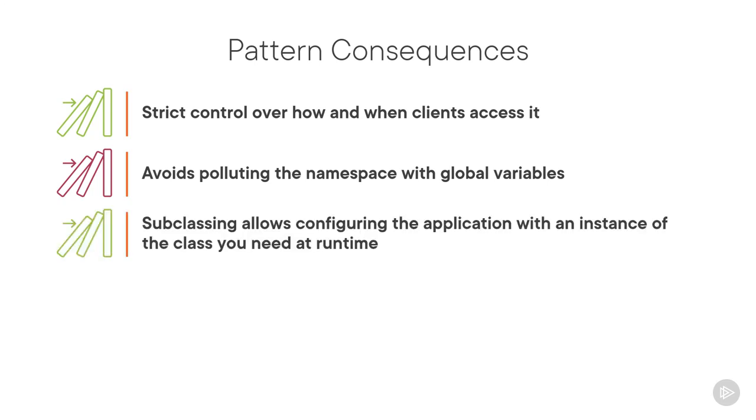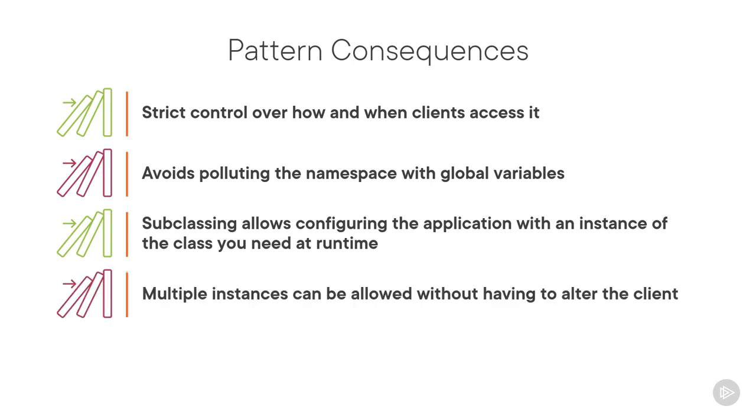As the class can be subclassed, which is enabled by the protected constructor, you can configure the application with an instance of the class you need at runtime. Also, in case you change your mind and you want to allow multiple instances, you can achieve that without having to alter the client, because instance management is now contained within the singleton itself.